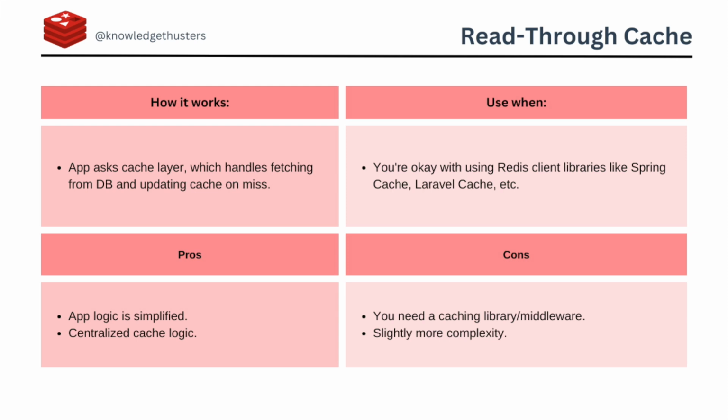In cache aside, your application is in control of fetching and caching, but in read through, the cache engine handles the DB retrievals. The pro is that you get centralized cache logic, but the con is that you need a third party or middleware to implement this, and it is a little bit complex.